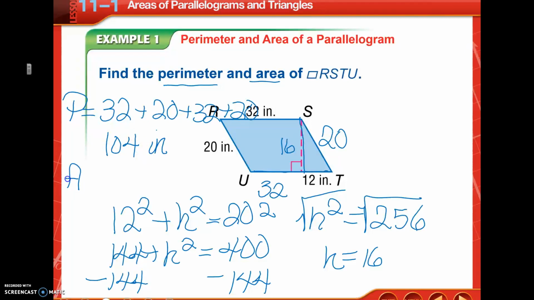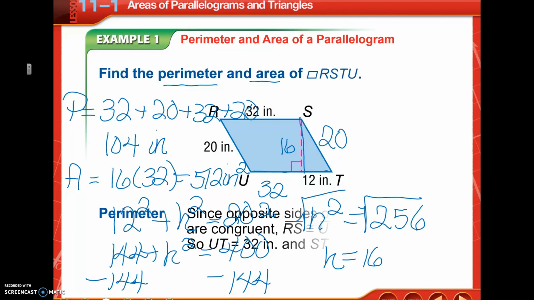And then area would be 16 times 32, which would equal 512 inches squared. So that gives us both the perimeter and the area of that parallelogram.